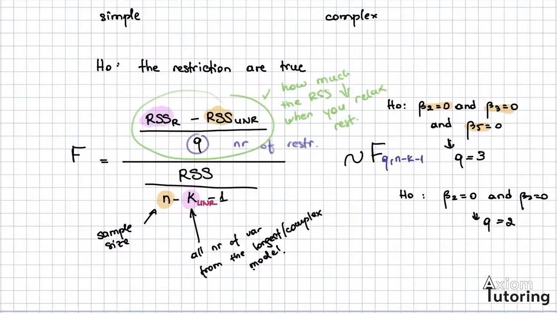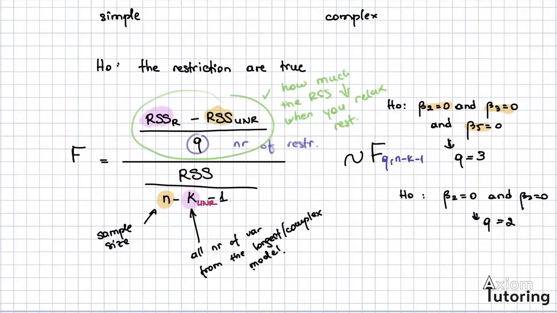So as you can see, it's very similar to the F-test that we've been conducting so far, and it's very easy to figure out what the degrees of freedom are, because you just need to look at the numerator and denominator separately and see what they are divided by. The decision rule will still stay the same.